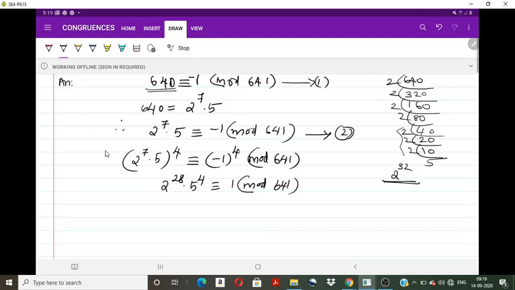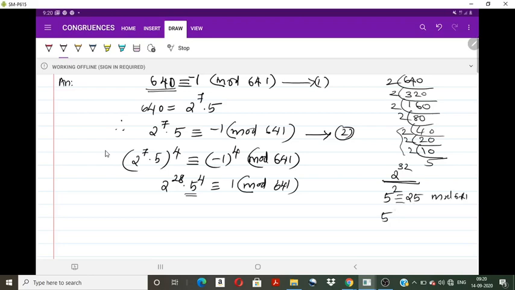Let this be equation number 2. Now we have to write 5 raised to 4 as a number with lower powers. 5 square is 25, and 25 into 25 is 625.